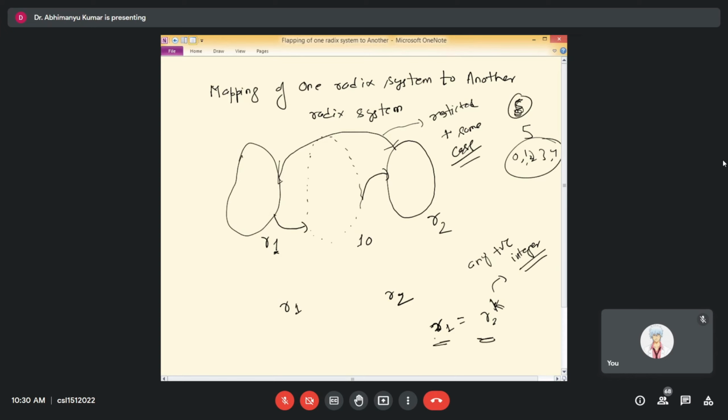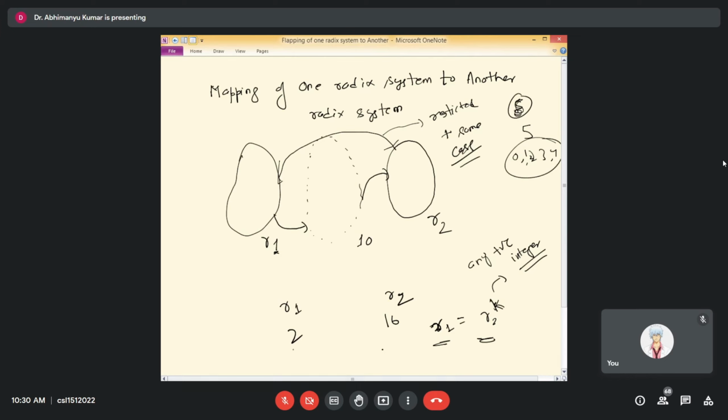suppose for example, we are talking about the binary system. What is the value of radix? 2. We are talking about the hexadecimal system. What is the value of the radix? 16, right? Can we represent 2 and 16 in this way? Yes, we can represent 16 as 2 to the power 4.